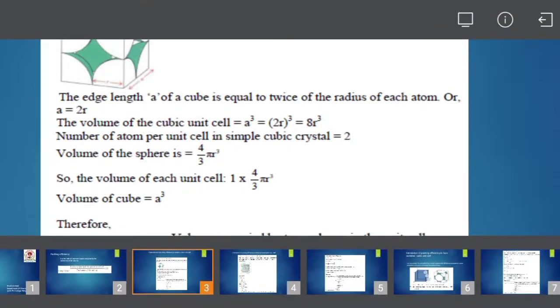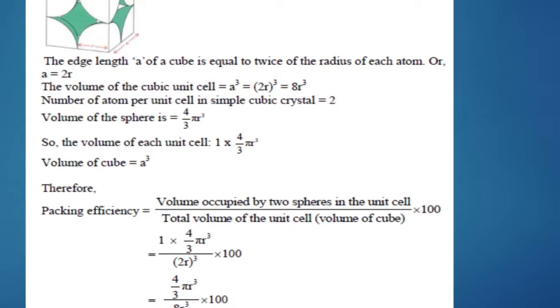Here, the number of atoms per unit cell in a simple cubic crystal is 1. It is misprinted there. It is 1, not 2. Therefore, the volume of each unit cell is 1 into 4 by 3 pi r cube. Volume of cube is A cube.